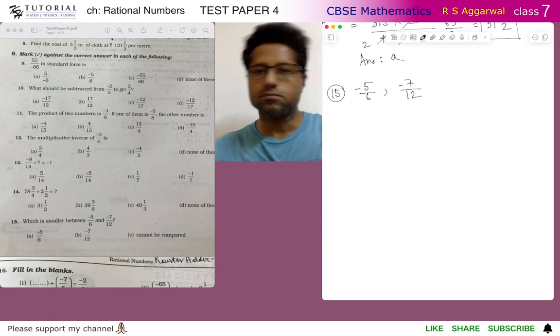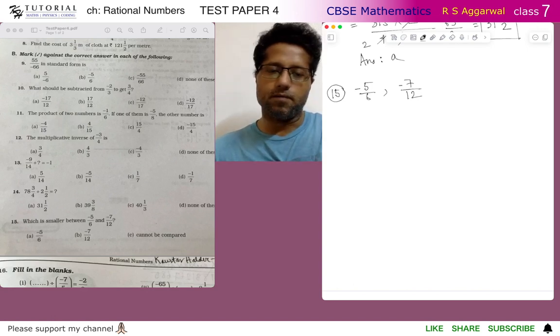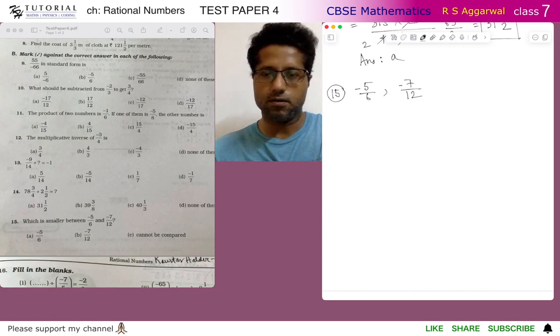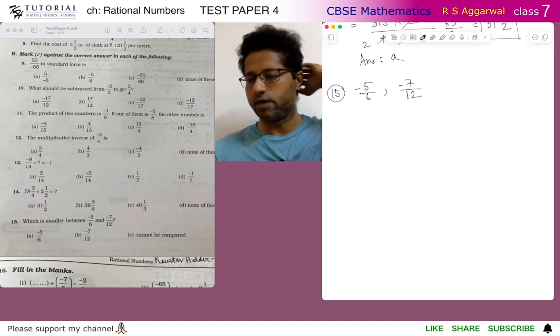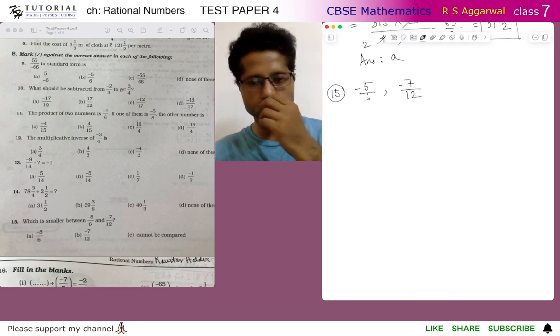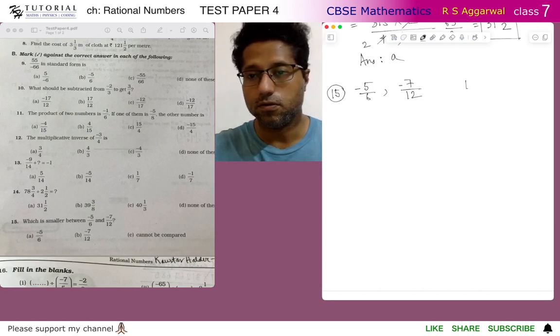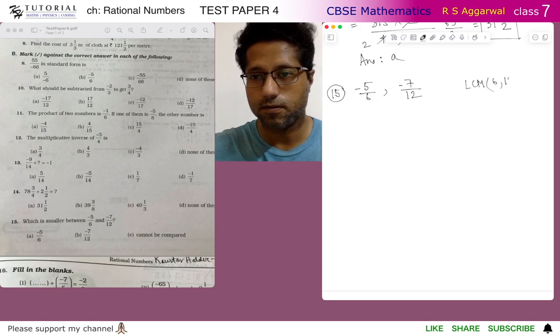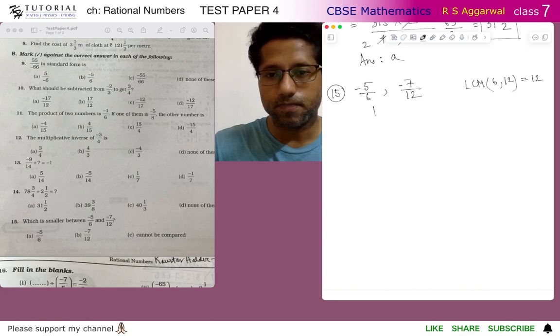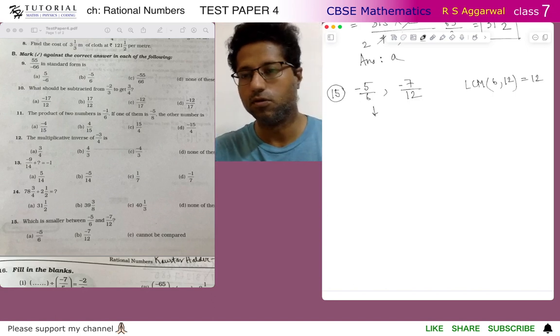Now while comparing two rational numbers, we first convert them to their equivalent rational forms so that they both have a common denominator, which will be the LCM of the given denominators. So we know that the LCM of 6 and 12 is 12. So we convert the given rational numbers so that the denominator is 12.